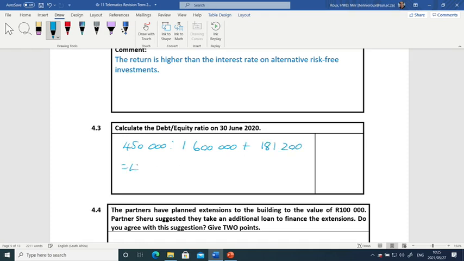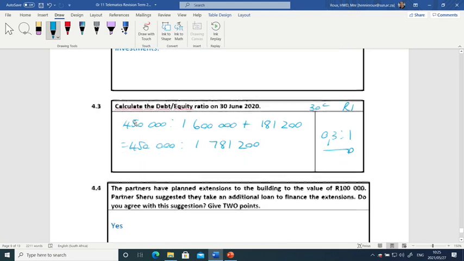So this ratio 450 towards a 1.7812 million, which will give you 0.321. Meaning, for every 1 rand own capital, we only borrowed 30 cents. Therefore, we know it's low risk, which is asked in number 4.4.